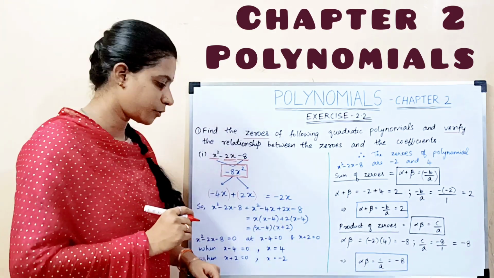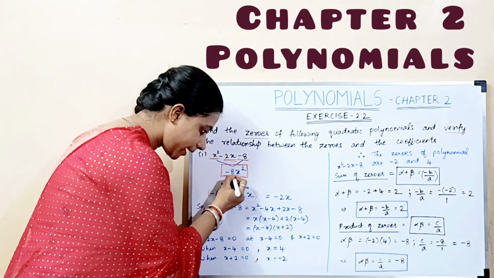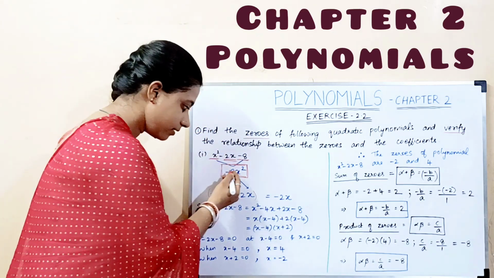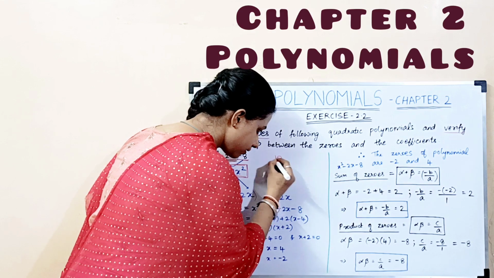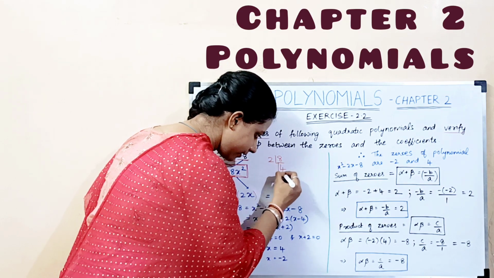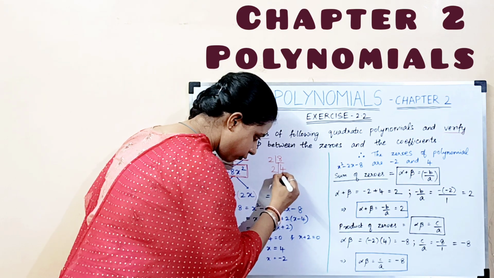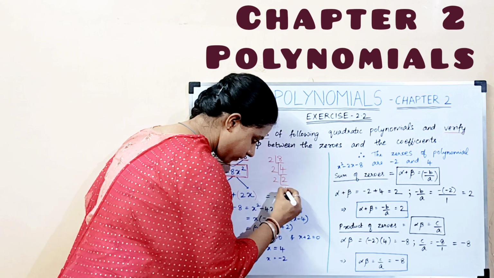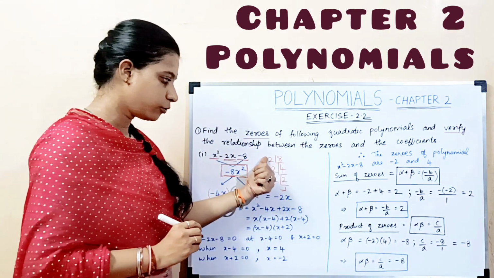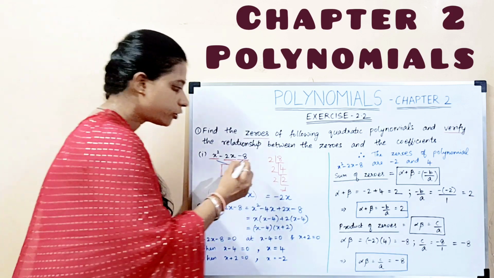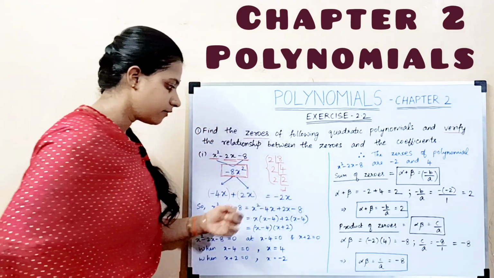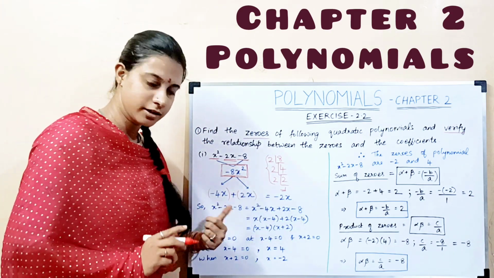So for doing this process, we will find the prime factors of this number 8. So 2 into 4 is 8, and 2 into 2 is 4, and 2 into 1 is 2. 8 is equal to 2 into 2 into 2. So using these factors we can do the splitting the middle term process.